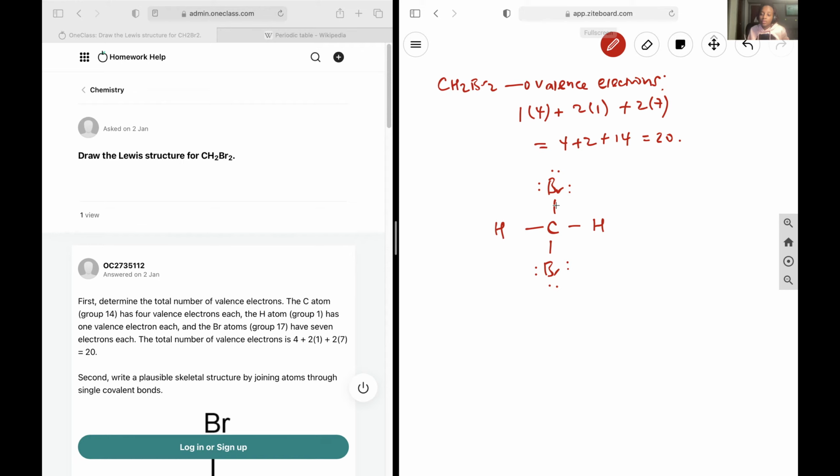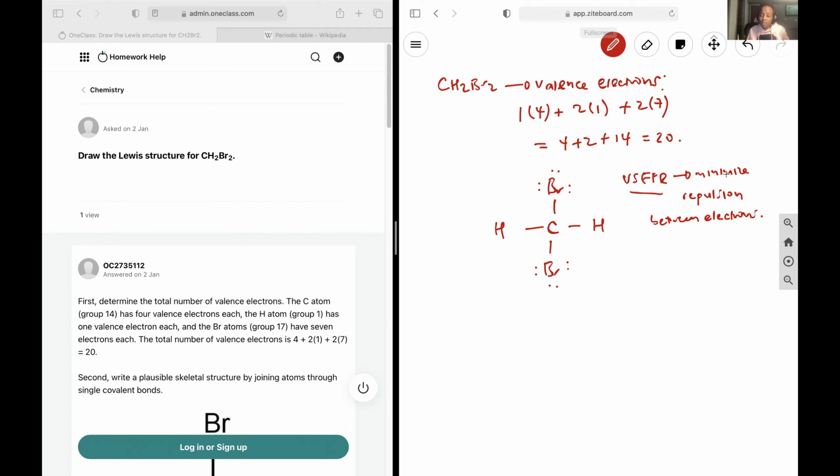Now the reason why I put the bromines across from one another is... VSEPR theory is just a quick way to figure out what the geometry of the molecule would actually look like, and it's configured to minimize repulsion between electrons, because we always favor the lowest energy configuration of a molecule.